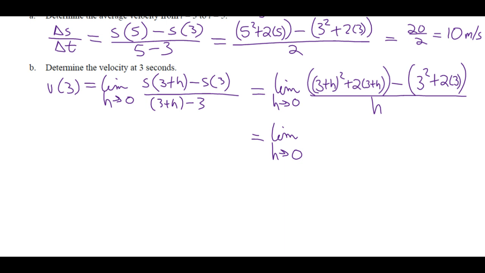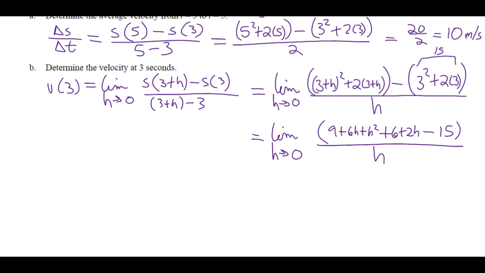Hopefully this h will go away. What do we got? 9 plus 6h plus h squared plus 6 plus 2h, minus 15. So 9 plus 6 is 15, so 9 plus 6 minus 15. Gone.